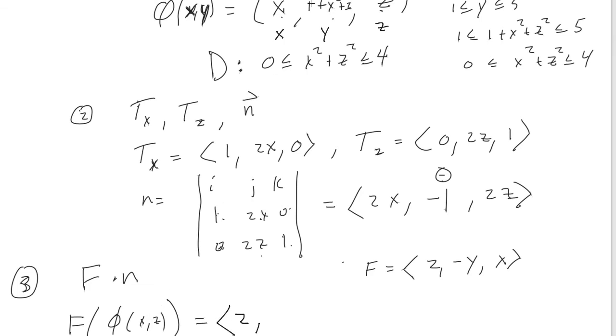And then plugging this into here, it says negative y. So this represents y. So the negative of that is negative of 1 plus x squared plus z squared. And then plugging in the x value, we go to look for phi, and that is just x.